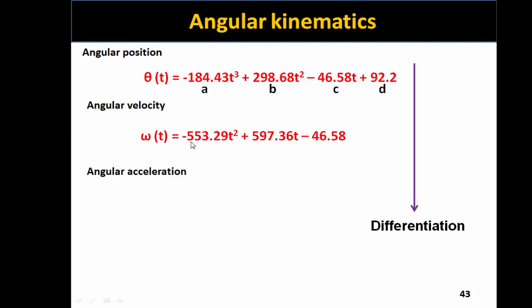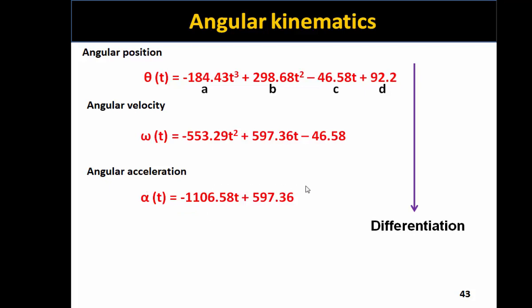So here we have 3 new coefficients, but we have 1 less coefficient. So the 92.2 constant is eliminated when we differentiate this entire function into a new equation that will model angular velocity. And as we move through, we perform the differentiation again to generate a new equation for angular acceleration.